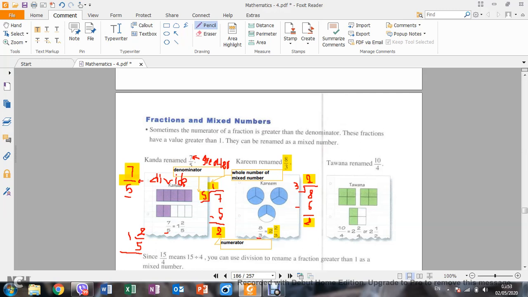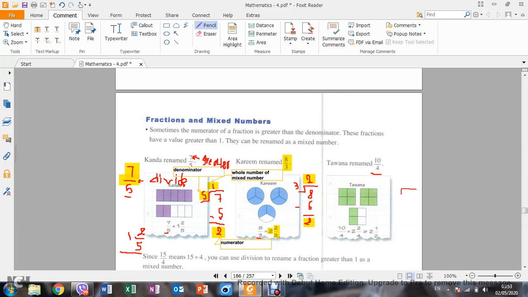Our divisor is the denominator, sorry. So 10/4 is again, because our numerator is greater than the denominator, again you should use divide and rename this one like a mixed number.